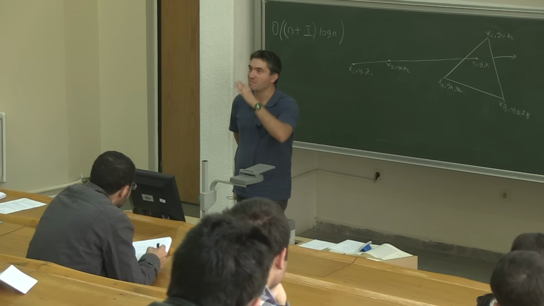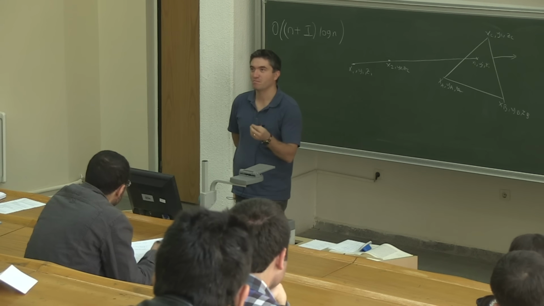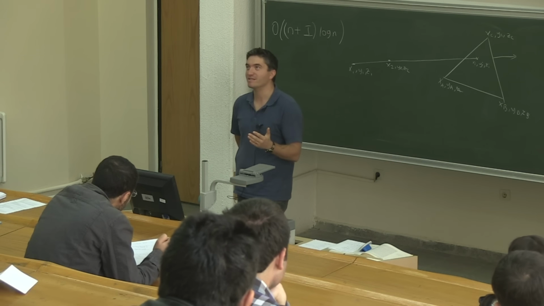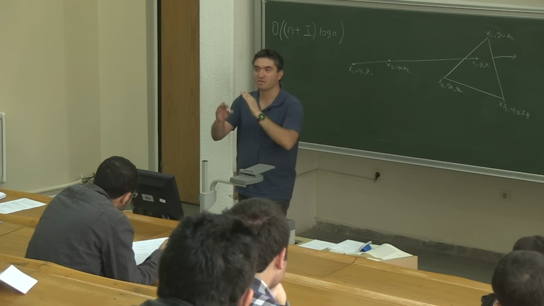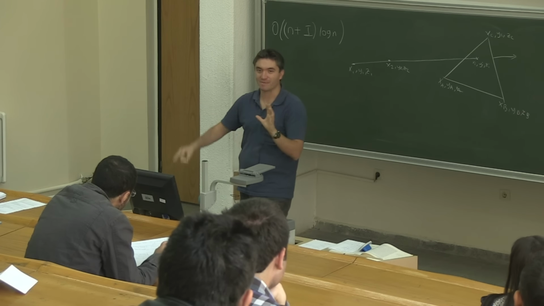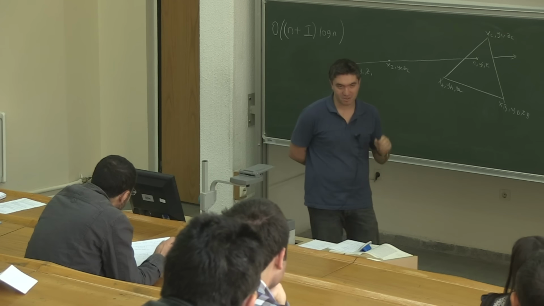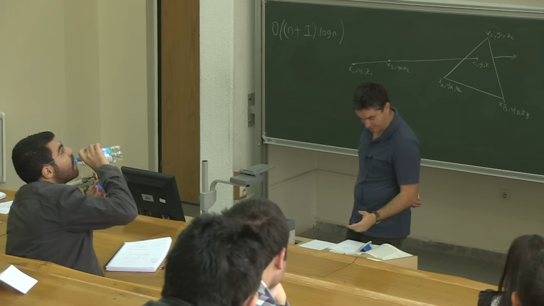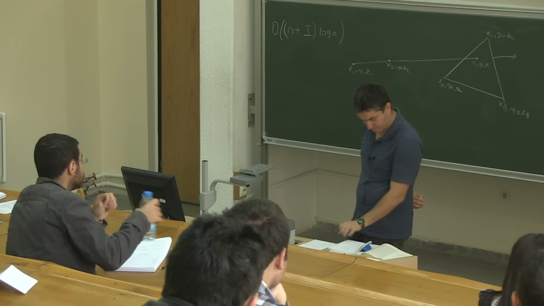You can have a binary search tree to sort points or single integers, but when these are line segments, how are you going to compare two line segments, which one is on top of the other? These practical issues are going to be difficult to implement, but we are going to discuss these things.